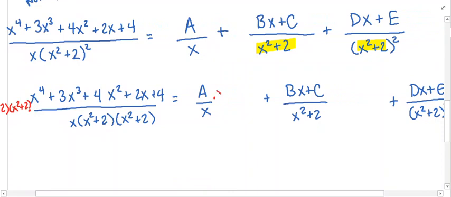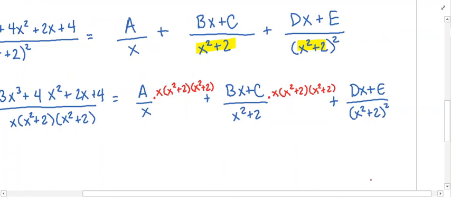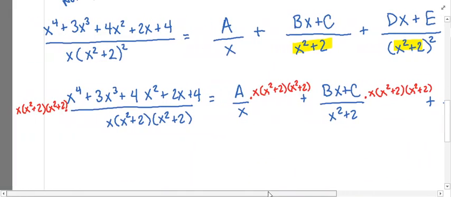So a over x is going to have to be multiplied by it, as is the bx plus c part, as is the dx plus e. It's a lot, but the more you write out, the less likely you are to make a mistake.